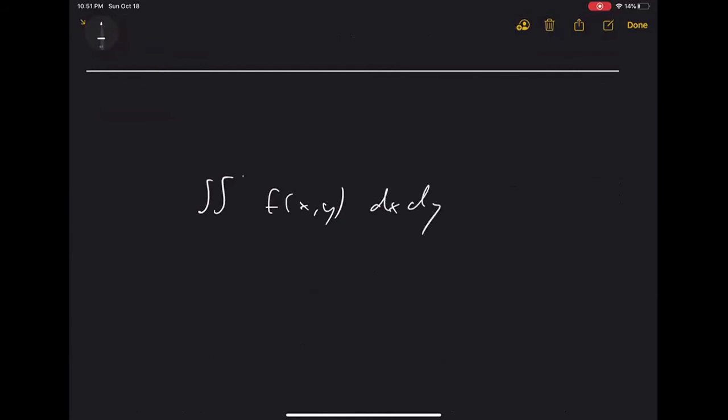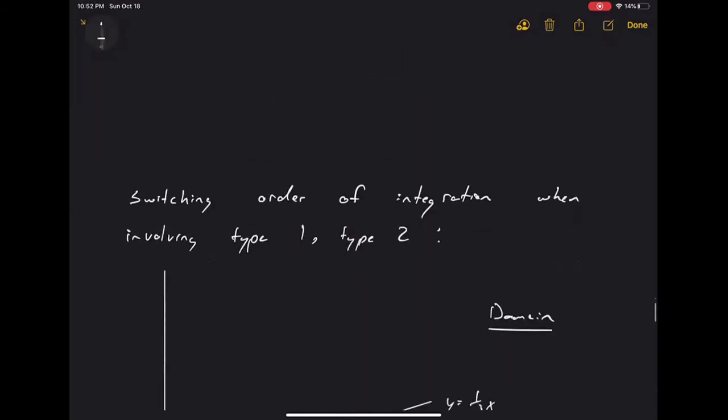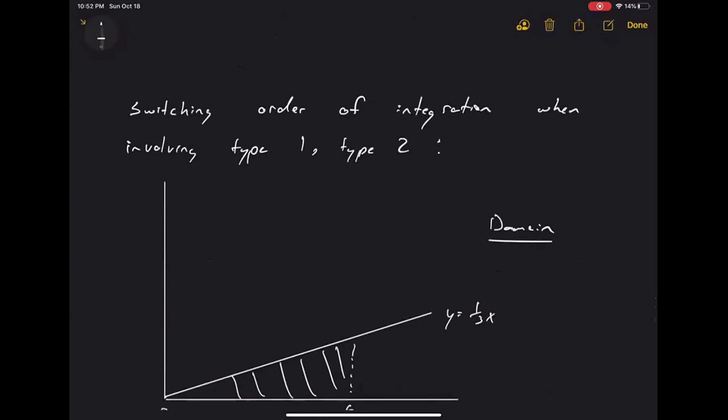So let's say I was integrating with respect to x first, and I had the bounds a to b, and then the y bounds were c to d. We said that we could also just switch the order of integration, so I was integrating with respect to y first. Can we still do that? And that's what we are going to cover next.